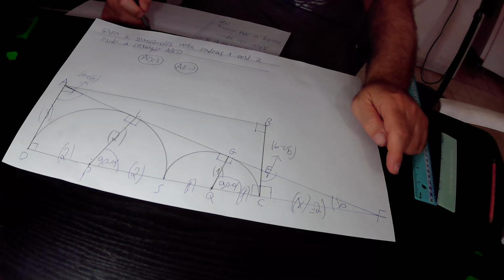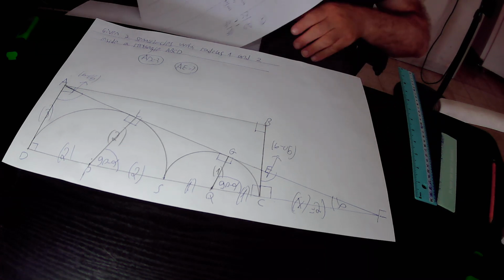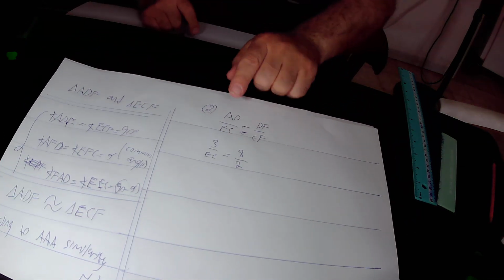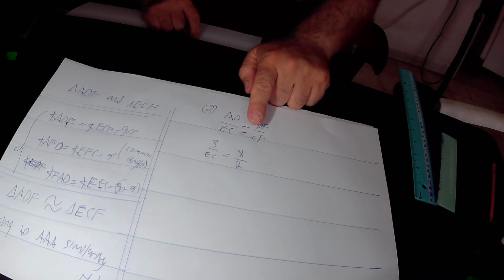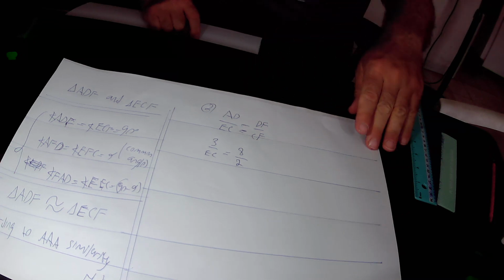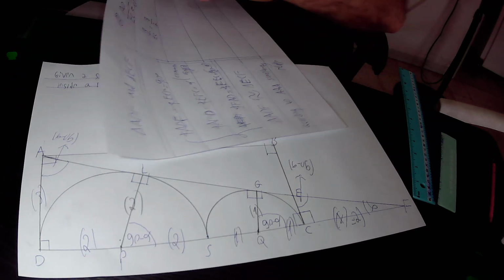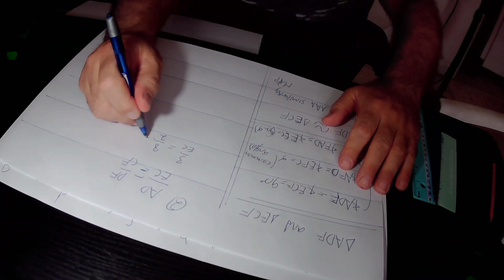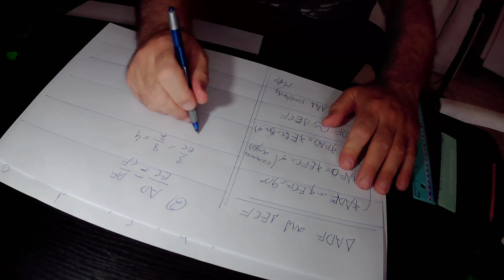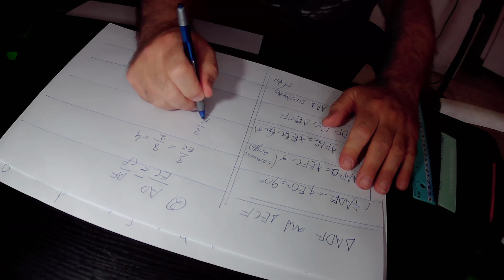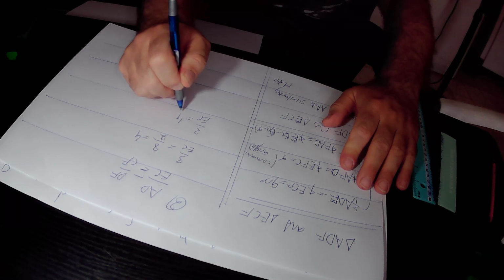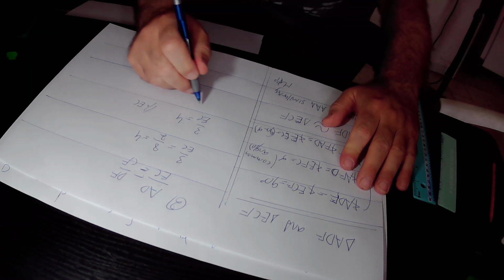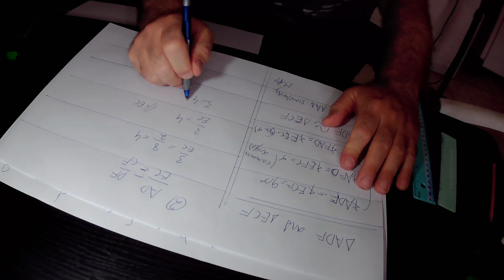So in conclusion, we have found out that 3 over EC equals 8 over 2. 8 over 2 is 4, so I write it down. 3 over EC equals 4. Here we multiply this equation by EC, and we get that 3 equals 4 times EC.